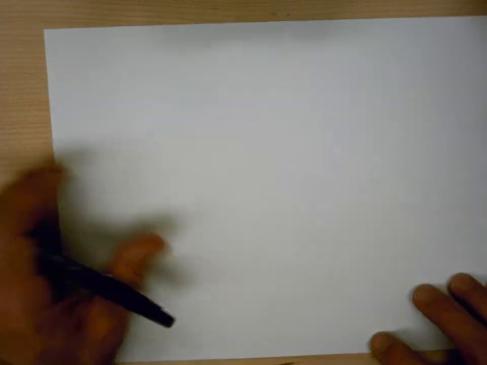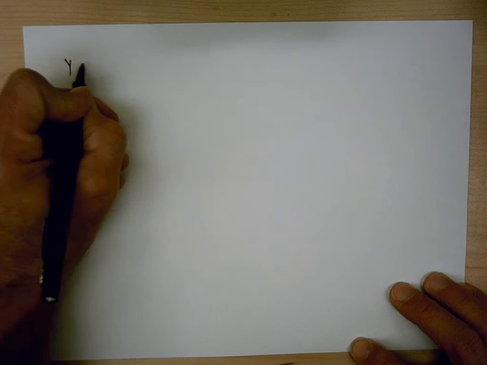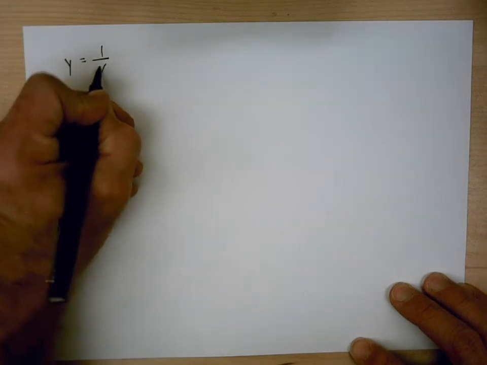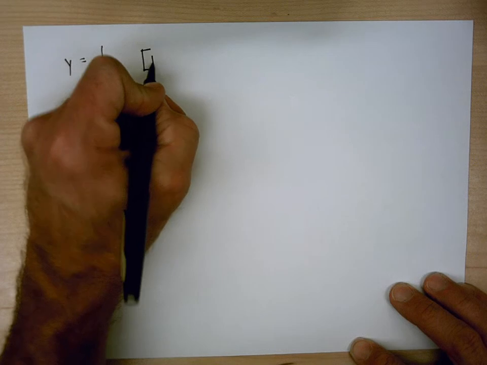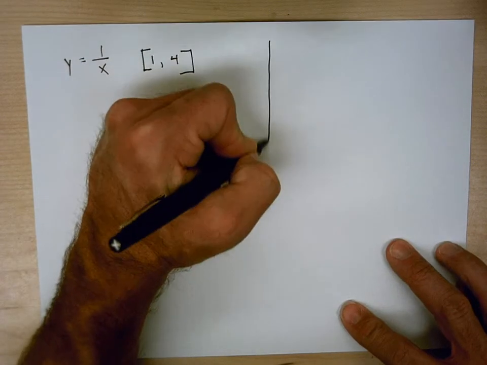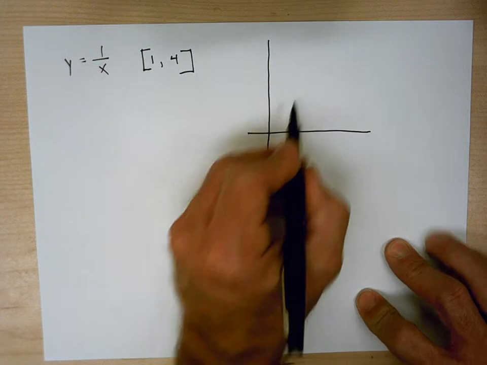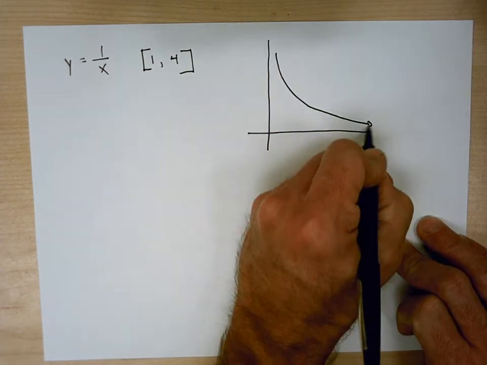So suppose we have the function y equals 1 over x, and we're looking at the interval from 1 to 4. Graphically, we know that 1 over x looks something like this, right?